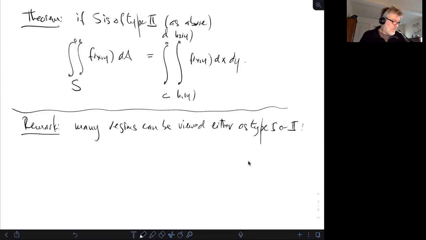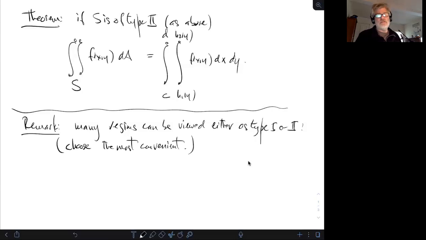Choose the most convenient. So depending on the situation, it might be better to express it as a type 1 or as a type 2, okay? So now I'm going to show you a few examples.